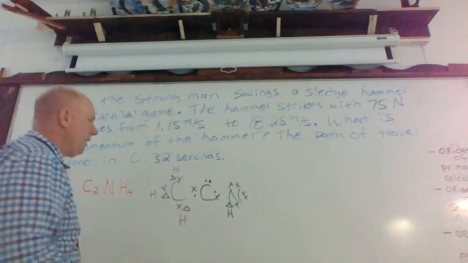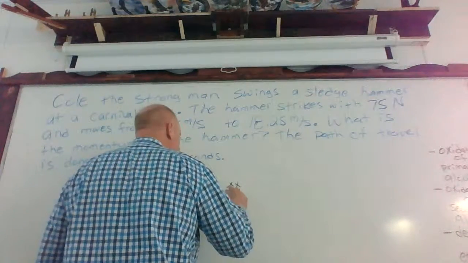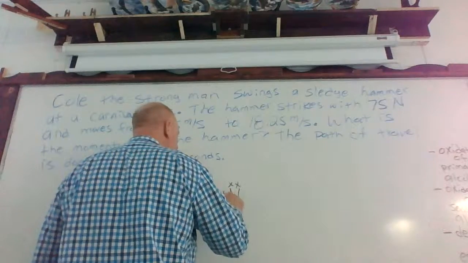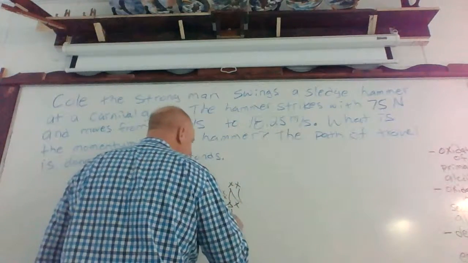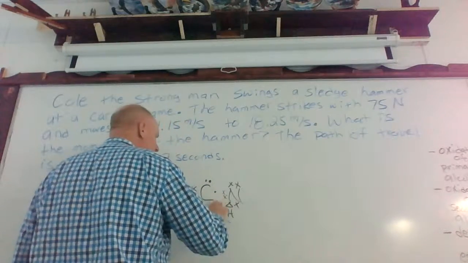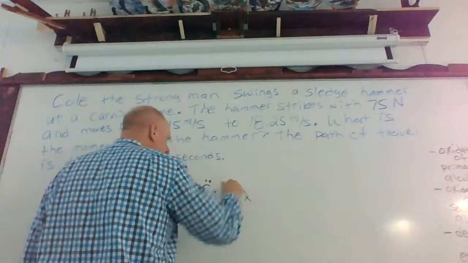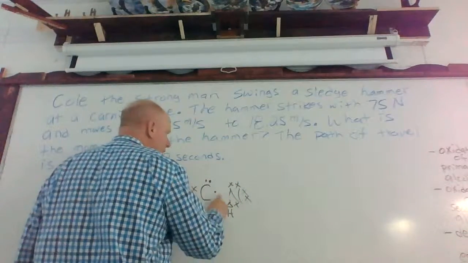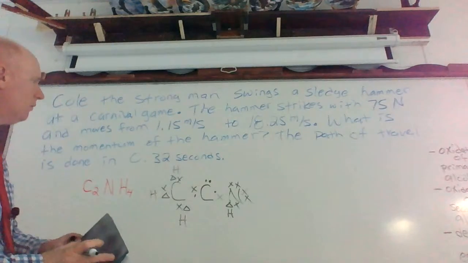Well, what about if we take these two guys? That's probably where I didn't account for that X there. So that was there, and then we made a single bond there. 1, 2, 3, 4, 5. So I tried to put 6 there, so that's not going to work.